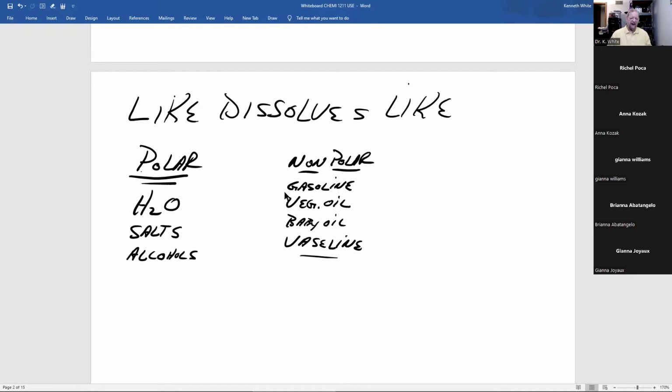I'm using a trade name there. Now, there are other nonpolar substances. Now, what that means is if you put water and vegetable oil together, one is polar, one is nonpolar. They won't mix because like dissolves like.